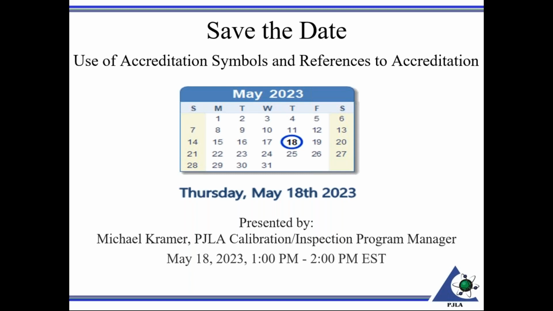Is there a standard to use if environmental condition requirements are not specified in the methods? Well, if there are any environmental conditions that can affect the results of your test or calibration, then they should be included in the method. That's a requirement under reporting and also under facilities and environmental conditions.